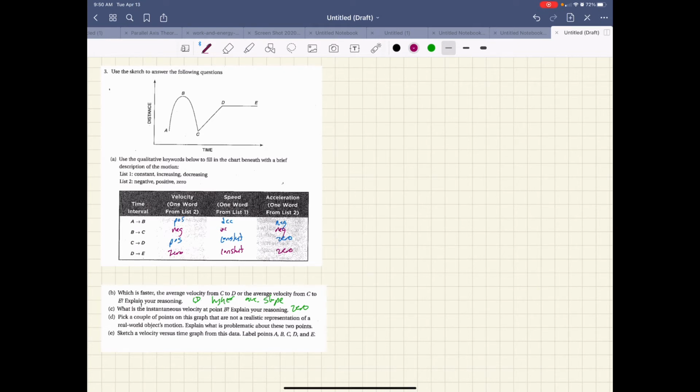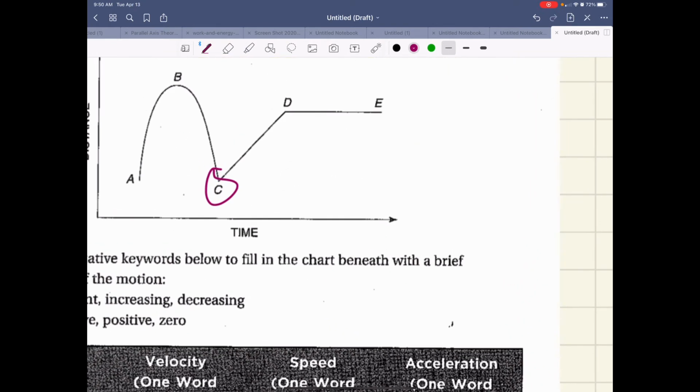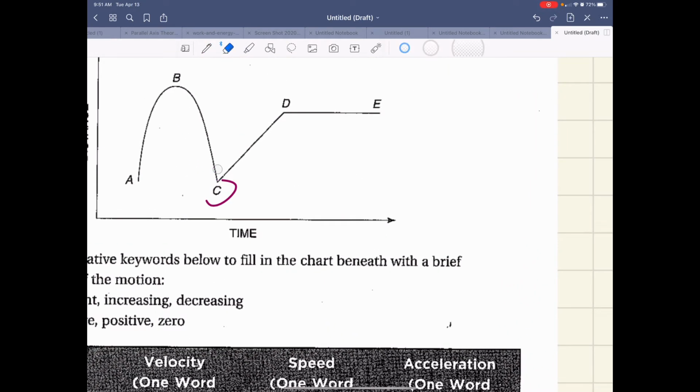Here, let's take a look at C. The problem with C is you have this very high negative velocity, and then it instantaneously switches to a positive velocity. Now that never happens in real life. No matter what your acceleration is, you have to have a turnaround point.